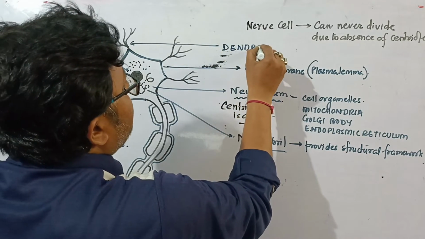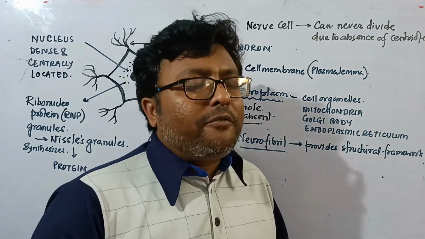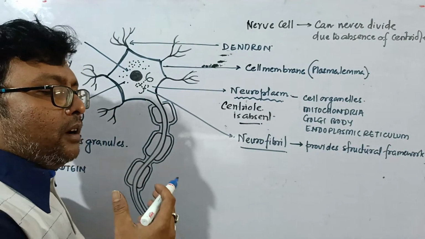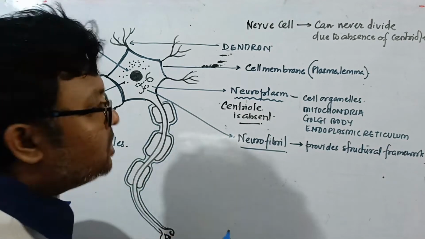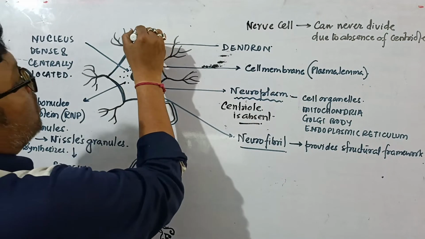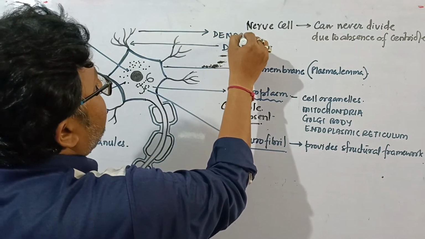Now we'll find that this dendron further gets divided into several branches, as you can see. So these short branches are known as dendrites.